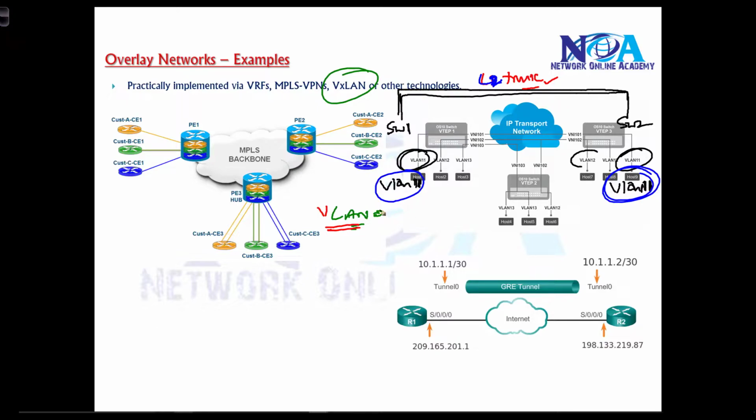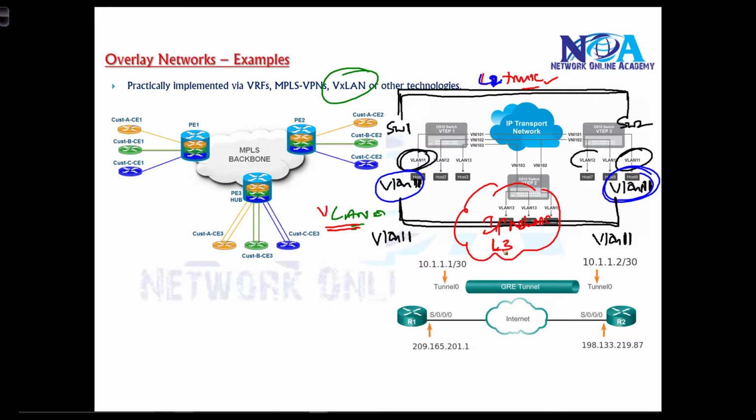Whereas in VXLAN, we are trying to do exactly the same thing. We are allowing the users of one VLAN, let's say VLAN 11 here, to communicate with the users of VLAN 11 on the other side of your network. This can be an IP network over L3 links.